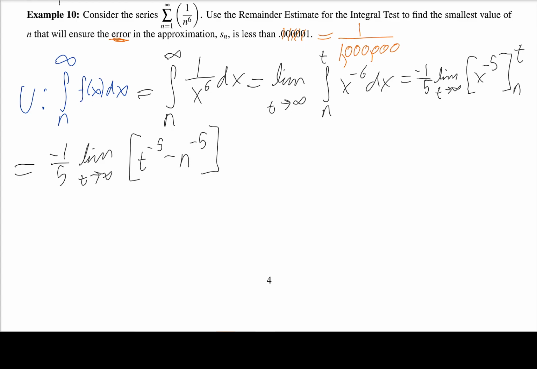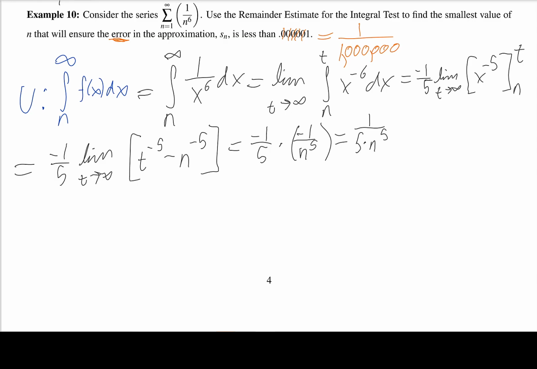So this t to the negative 5th, that's going to turn into 1 over infinity to the 5th. So that'll go to 0. And we'll be left with negative 1/5 times negative n to the negative 5th. That's negative 1 over n to the 5th. And so this is 1 over 5n to the 5th. Or sorry, 5 times n to the 5th.